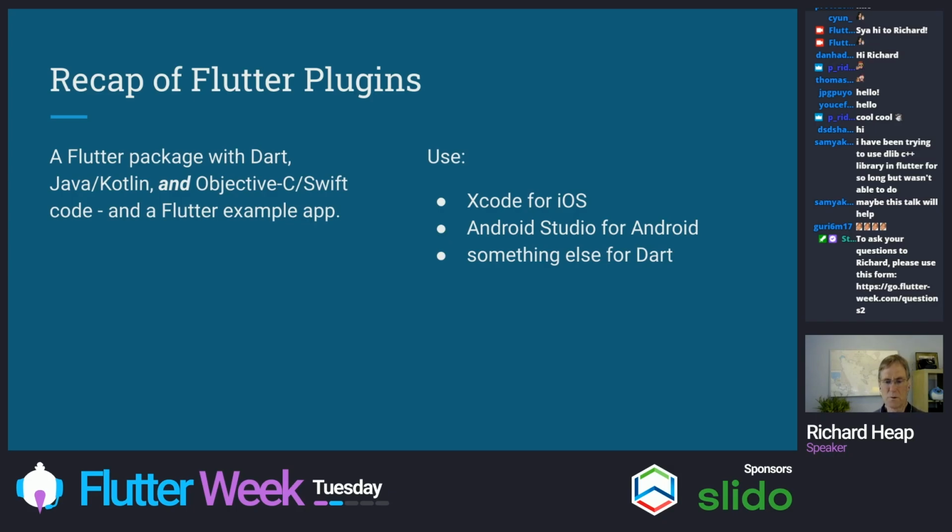So when you add it to your dependencies and you do your Flutter pub get, you're not only getting the Dart code down to be included in the Dart part of your Flutter app, but you're also getting a little package of Java and C code or Objective-C or Swift code that gets compiled by the toolchain at compilation time.